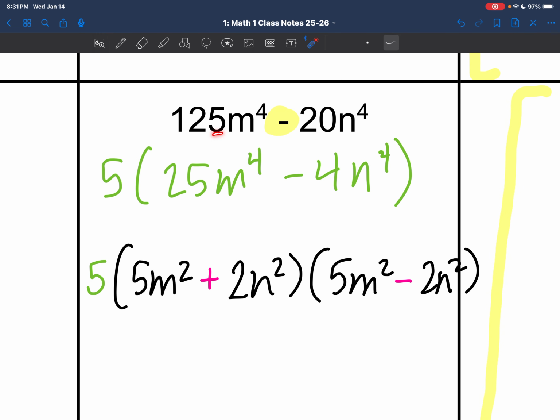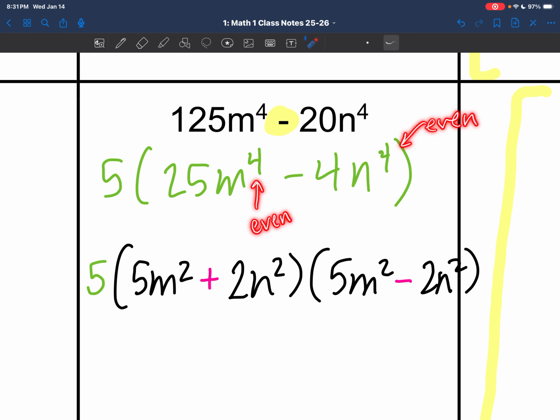So first off, I know these are both divisible by 5, so I'm going to factor out the GCF, which is 5. And once we divide both of these by 5, I'm left with 25m to the 4th minus 4n to the 4th. So now, notice, this is even, and this is even.